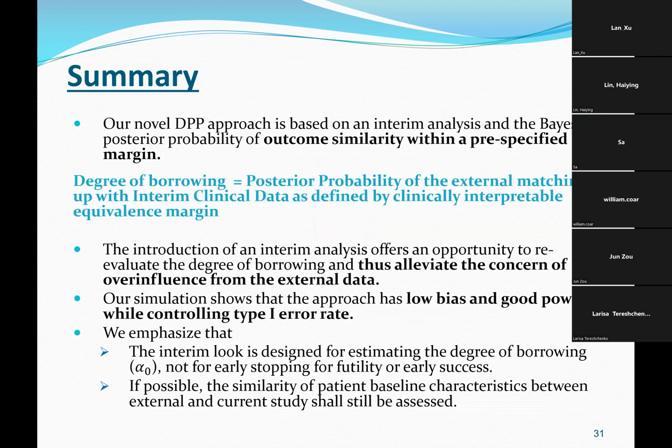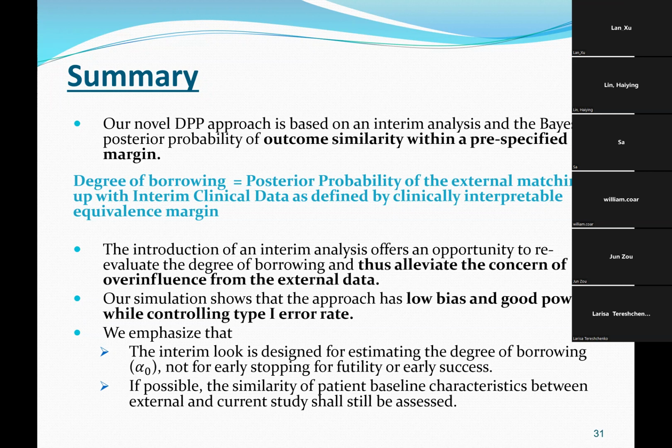So in summary, our conditional power prior approach for dynamic borrowing is based on the interim analysis and the Bayesian posterior probability of similarity within a pre-specified clinically acceptable margin. Then the degree of borrowing is further fine-tuned by the posterior probability of these two data sets being in concordance with each other.